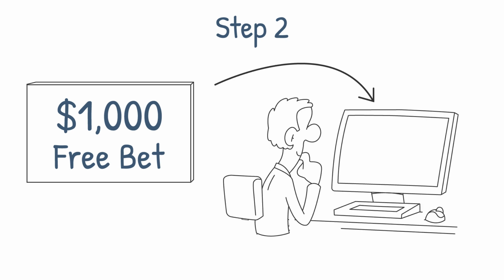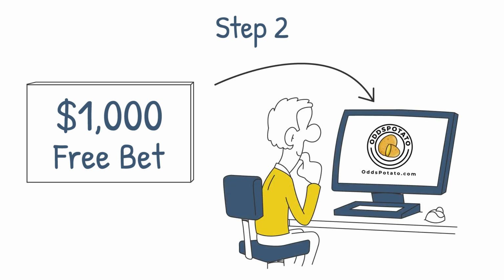Jimmy takes his $1,000 free bet on Caesars to the bonus masher on OddsPotato and finds a 71% mash by using the free bet against the money he already has in MGM from step 1. This means he can get 71% of the free bet converted into withdrawable cash by utilizing matched betting.